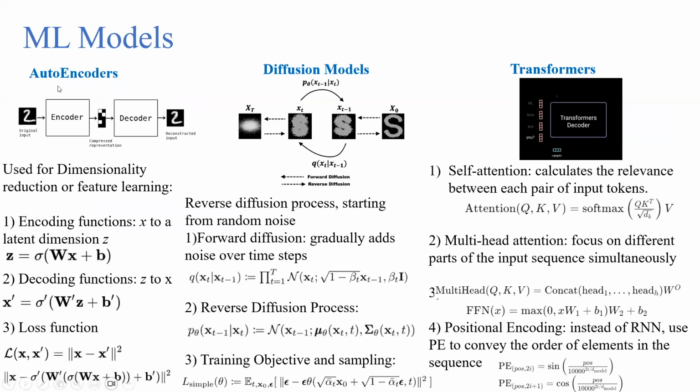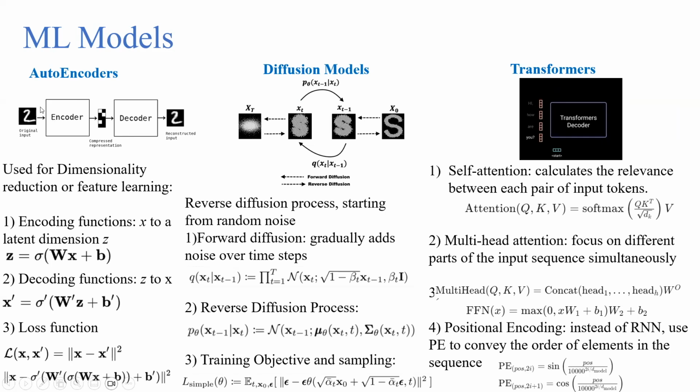There are other models as well, such as autoencoders, diffusion models, and transformers. I'll briefly touch upon them because they are very popular nowadays, but unfortunately I don't have time to go into detail. Autoencoders, for example, are used for dimensionality reduction, very similar to PCA, principal component analysis, but here we use a neural network instead of a linear model.